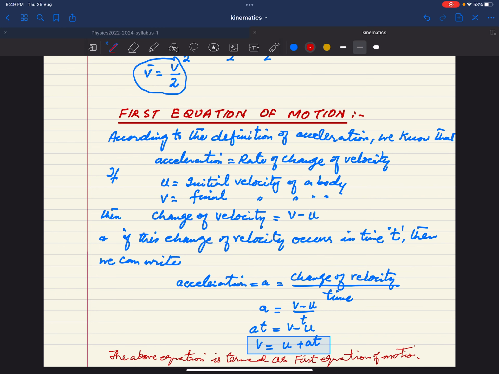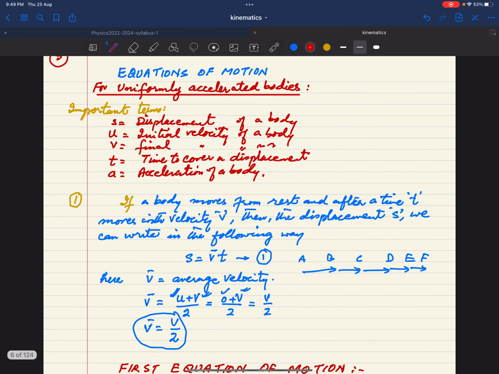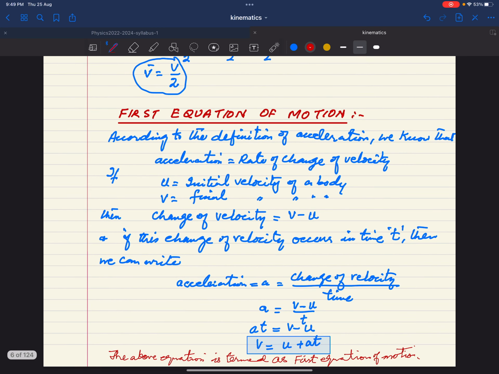Here you have to remember that out of these quantities, the s, the displacement, is missing in this equation. So if you have any problem where s is not involved, and initial velocity, acceleration and time are given, and you need to calculate the final velocity, you can use this equation.